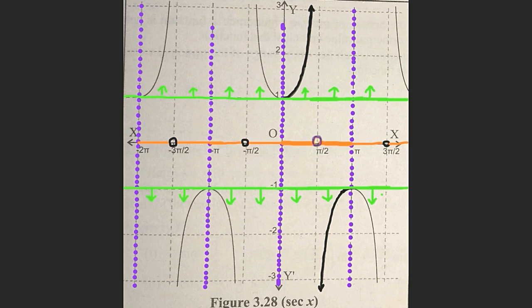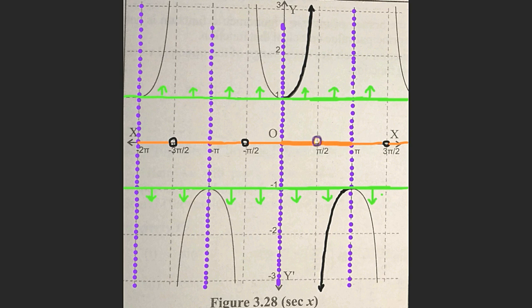As shown by the black colored curve, the secant function is a strictly increasing function in the interval 0 to pi except pi by 2. In the graph, once again see, it is decreasing in the interval pi to 2 pi except 3 pi by 2. It is strictly only increasing in the interval 2 pi to 3 pi except 5 pi by 2.